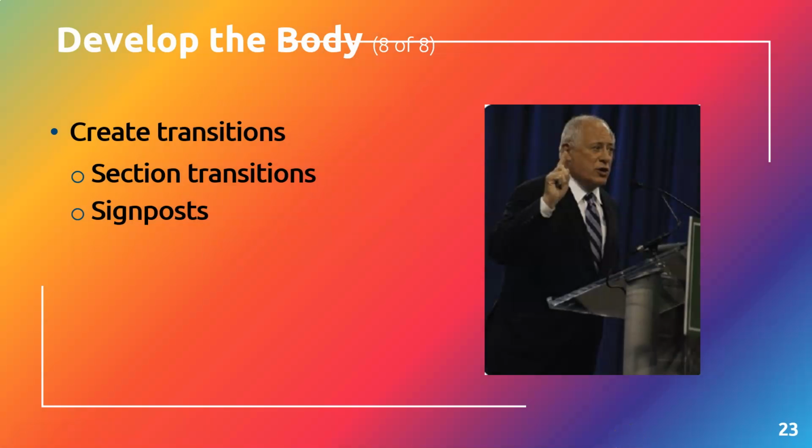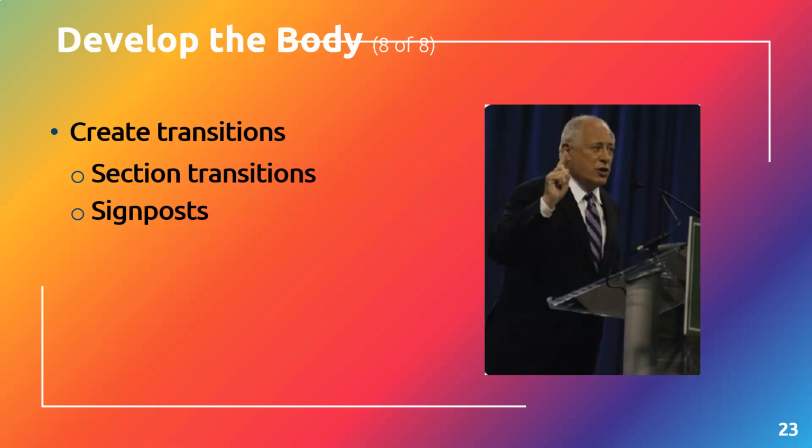Okay, you want to create transitions in your speech. It makes it easier for the listener to follow along and understand your train of thinking. Okay, a section transition is a sentence that really shows the relationship between major parts of the speech.